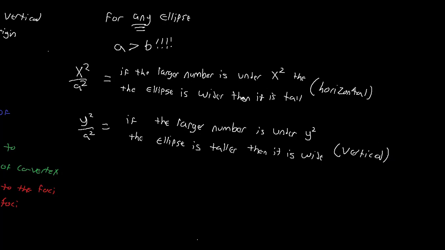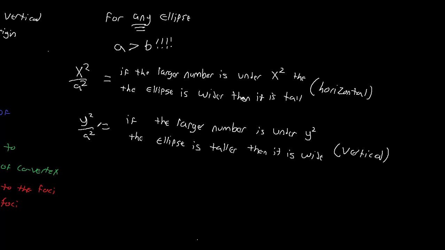And you can flip that around. If it's a horizontal ellipse, if it is wider than it is tall, then you're going to put the a squared underneath the x squared. If the ellipse is taller than it is wide, then you're going to put the a squared under the y squared. Hopefully this makes sense. This is the way that I keep it straight. The bigger number is always a, and you're going to put that bigger number underneath whatever direction the ellipse is wider.